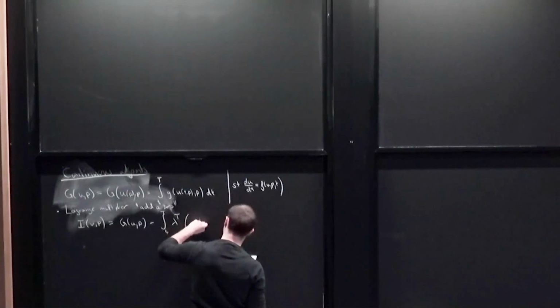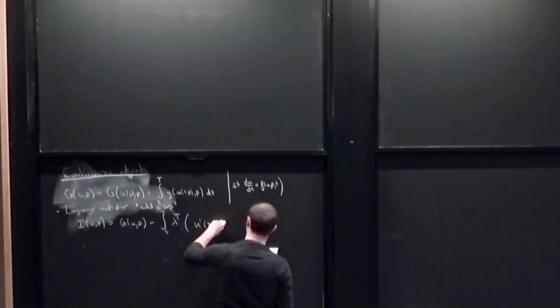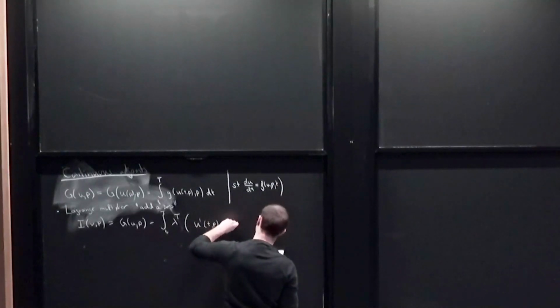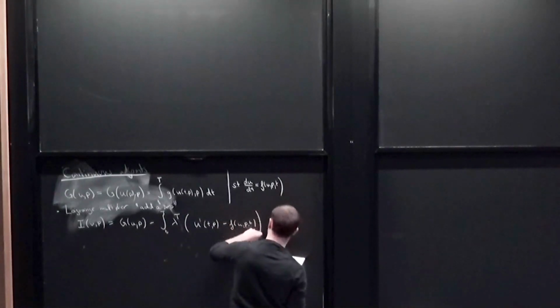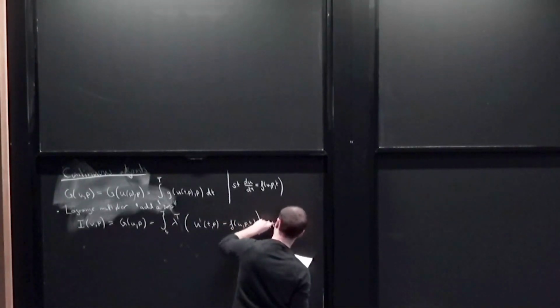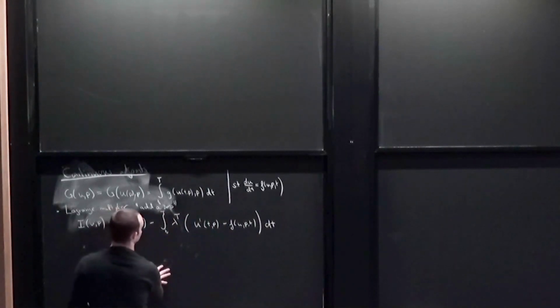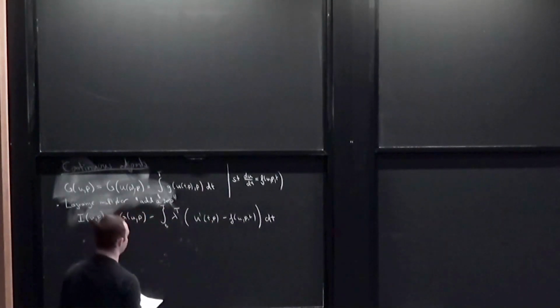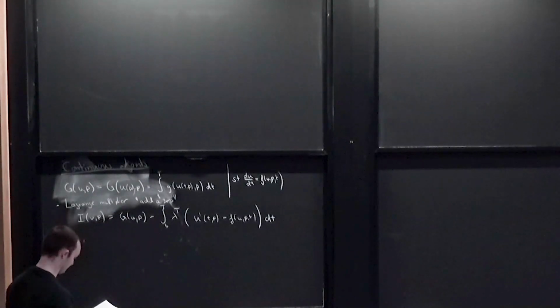So little p might be a vector of parameters. It might be 10,000 reaction rates. Capital G might be the integral of the square difference between the ODE solution and some experimental data on the chemical reaction concentrations.